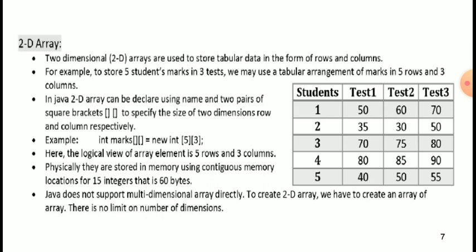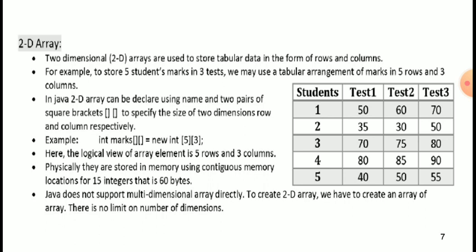In Java, a 2D array can be declared using a name and 2 pairs of square brackets to specify the size of the 2 dimensions, row and column respectively. First is a row and second is a column. Example, int[][] marks equals new int[5][3]. First 5 means rows, and second 3 means columns.